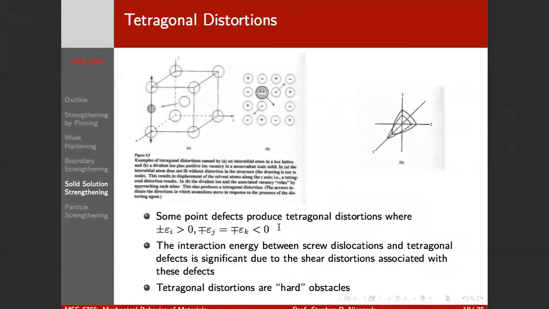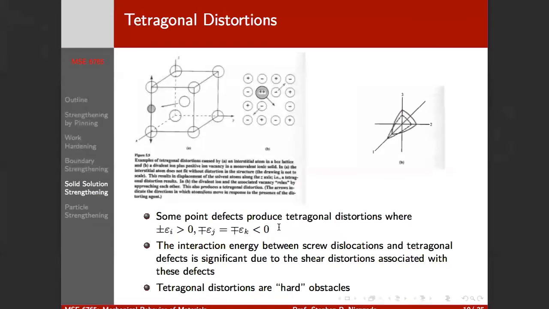Right. We can have asymmetric distortions, such as a vacancy in an ionic crystal, or an interstitial in BCC, right? Carbon in steel and iron. And this gives you, instead of just a hydrostatic stress state, a triaxial stress, and these are much stronger interactions due to the stress field than just the spherical.